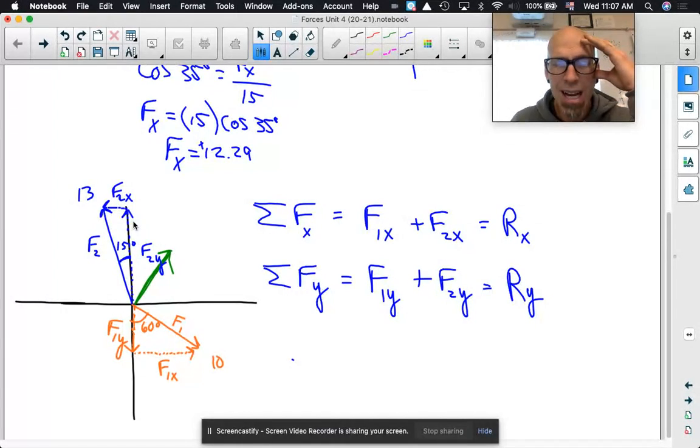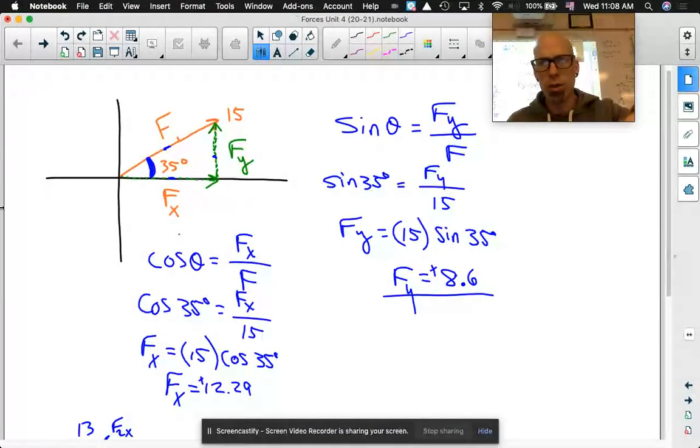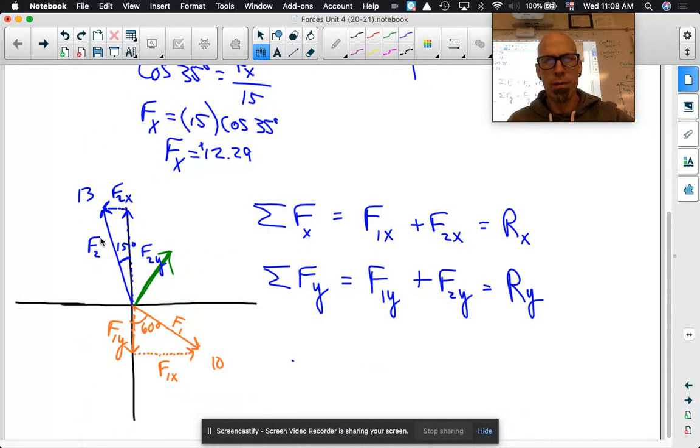So again, I want the x and y components of F1 and F2. Find the x and y parts, in other words, this part and this part, this part and this part. Find these parts of these two vectors. Got that? That's all I've got to do. You're doing this part right here for this vector and this vector. And that's it. So I think I'm done.